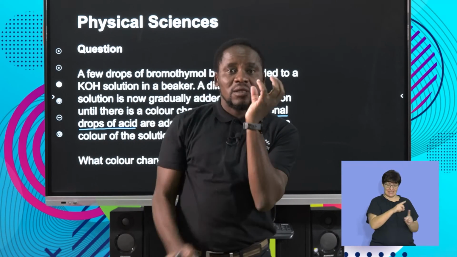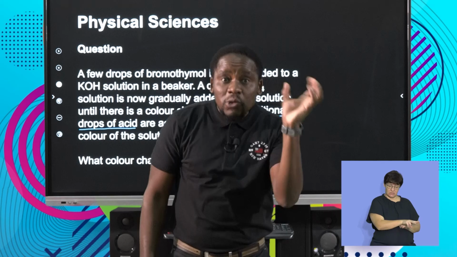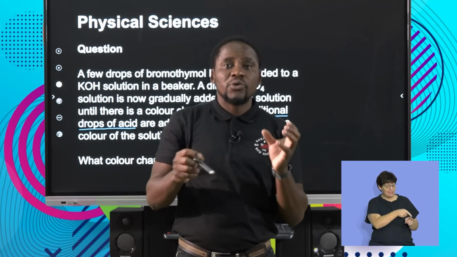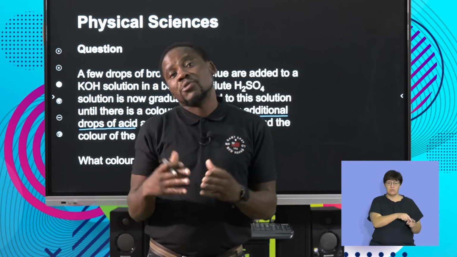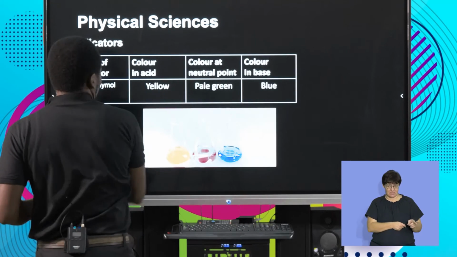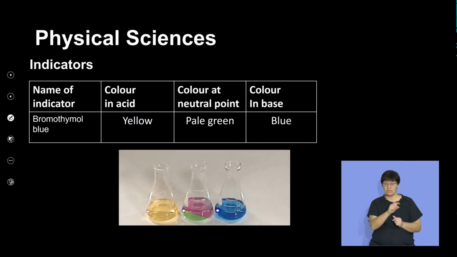It means the resulting solution becomes more acidic. What color does bromothymol blue change to in a strong acid? In the presence of a strong acid, bromothymol blue changes to yellow. So that's the color change, right?